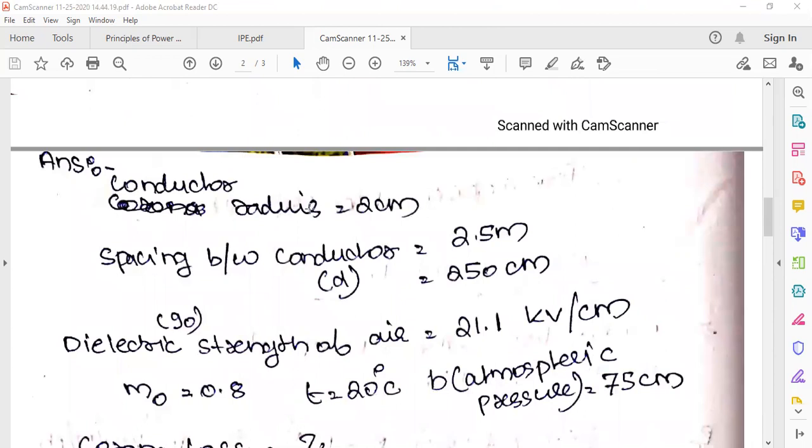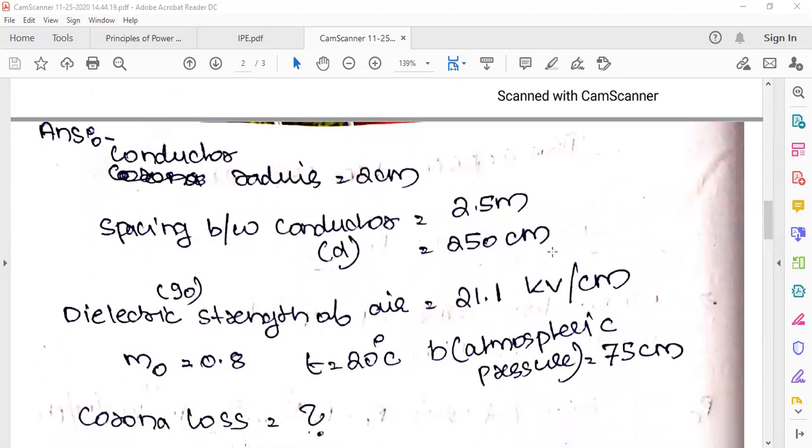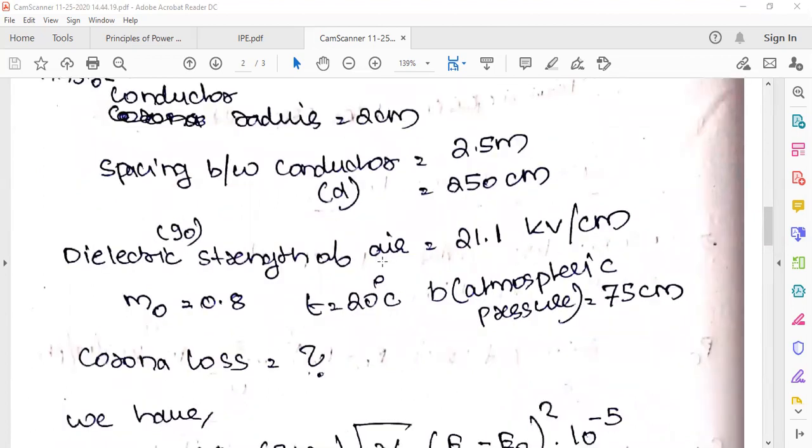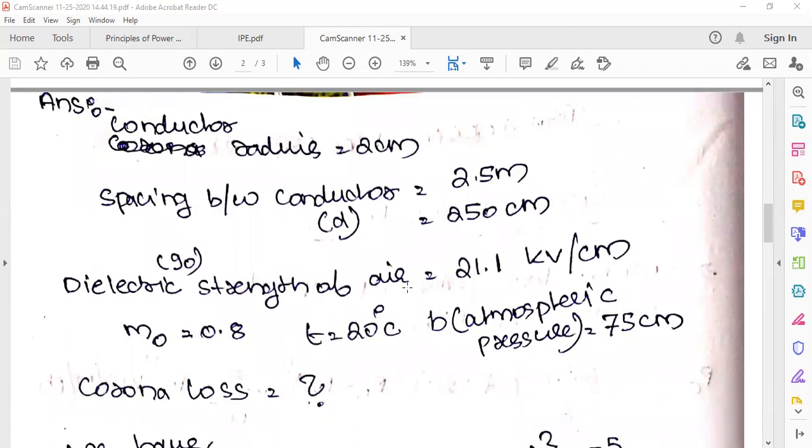So conductor radius is equal to 2 centimeter, spacing between the conductors is equal to 2.5 meter, which is 250 centimeter. The dielectric strength of the air G naught is equal to 21.1 kilovolt per centimeter. You should keep this value in your mind, because in every problem you need the same value, since the dielectric strength of air will be the same.